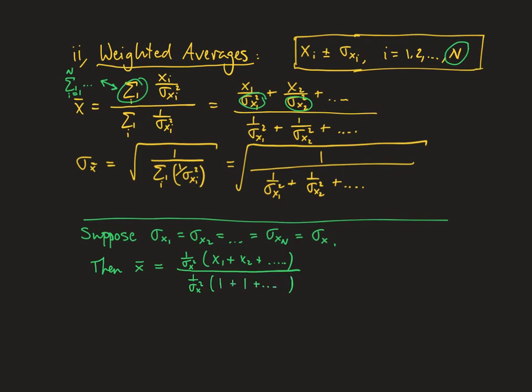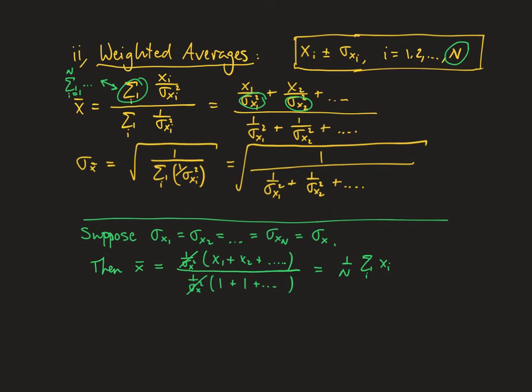These cancel each other, and we end up with just, how many of these are there? 1 plus 1 plus 1 plus 1, that's just n. So it's 1 over n times the sum of all the xi. That's just the usual unweighted average. So in the limit where all the uncertainties are equal to each other, the weighted average is just the regular average. Add up the numbers, divide by the number of things.